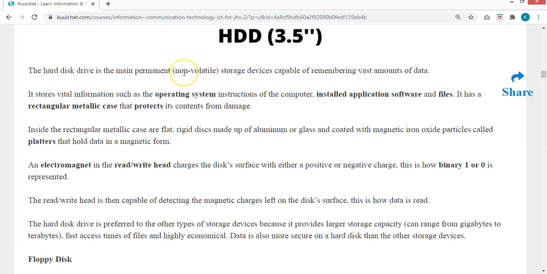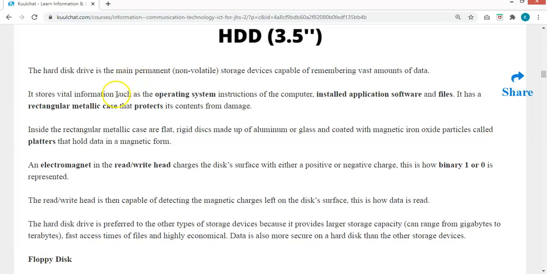Volatile storage devices lose the information stored there when there is no power supplied to the computer. So the hard disk is a non-volatile storage device, which means that even when the power is switched off, whatever information is stored on the hard disk will still be there.